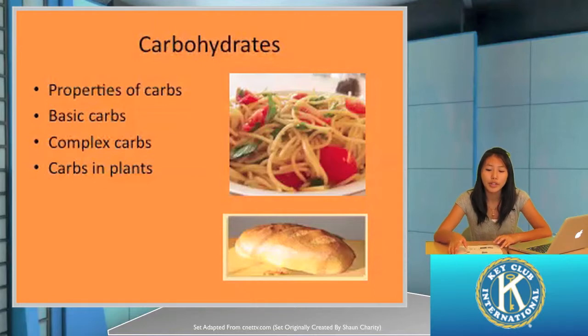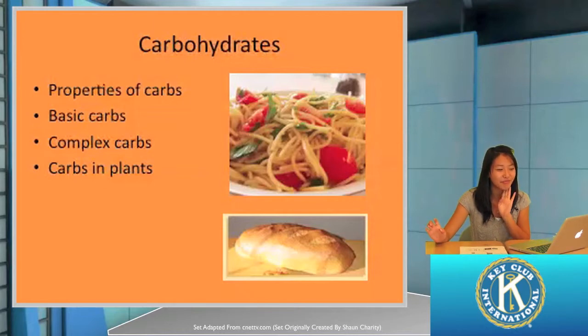When there are more sugars bonded together, it becomes a polysaccharide, which can exist in the form of spaghetti or bread. Plants also produce carbs, and they use them to stay sturdy. That's how plants never bend. They're always upright.